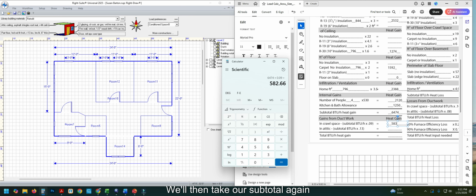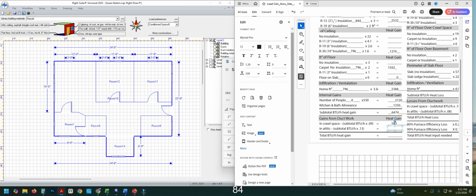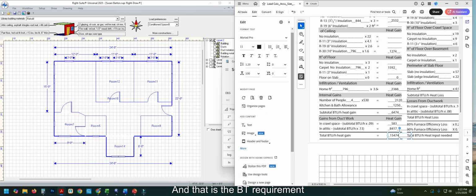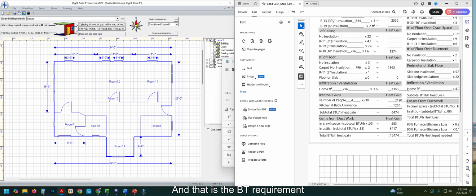We then take our subtotal again, 6474, and multiply that by 1.3, which gives us 8417. We add the 8417 plus 583 to our subtotal, which gives us a size of 15,474, and that is the BTU requirement that we require for cooling for that space.